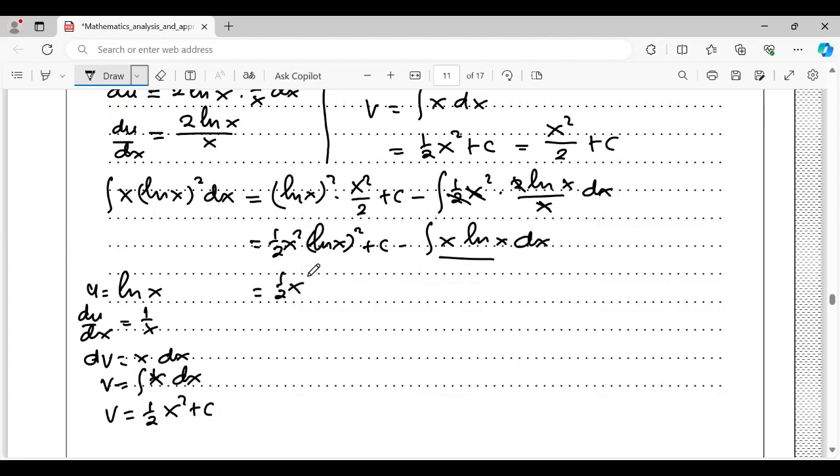So this integral being half x squared (ln x) squared plus c minus, it is ln x times half x squared minus integral half x squared times 1 over x dx.